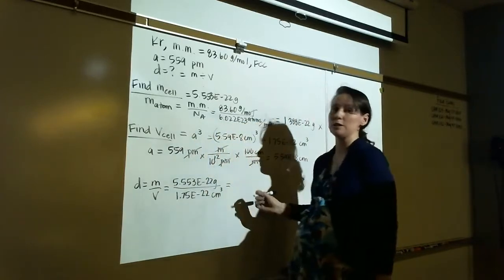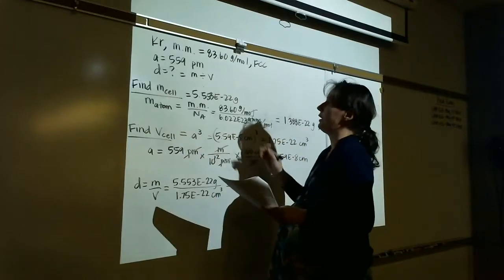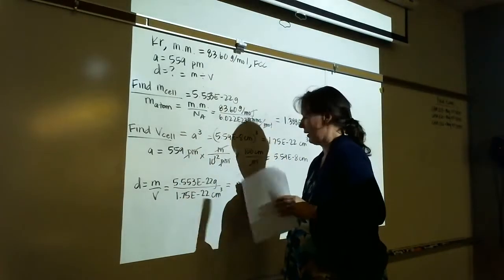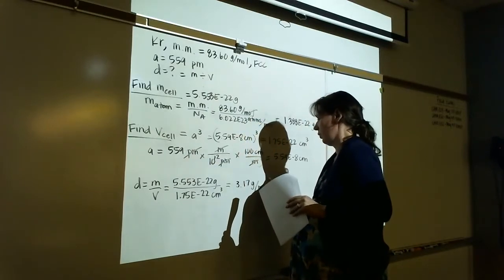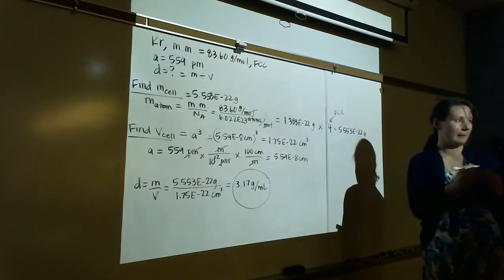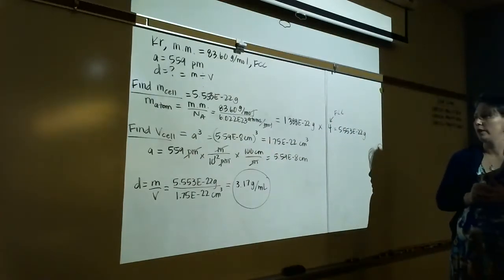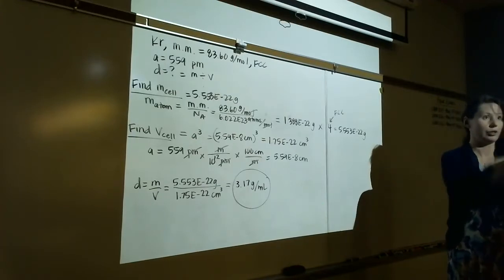Centimeters cubed is the same thing as milliliters, so if you wanted to leave that as milliliters, you could. And we're keeping 3 sig figs, so I got 3.17 grams per mil, or 3.17 grams per centimeter cubed. Did you? Does everybody understand how to do these kinds of problems? It's literally the reverse of what we just did.